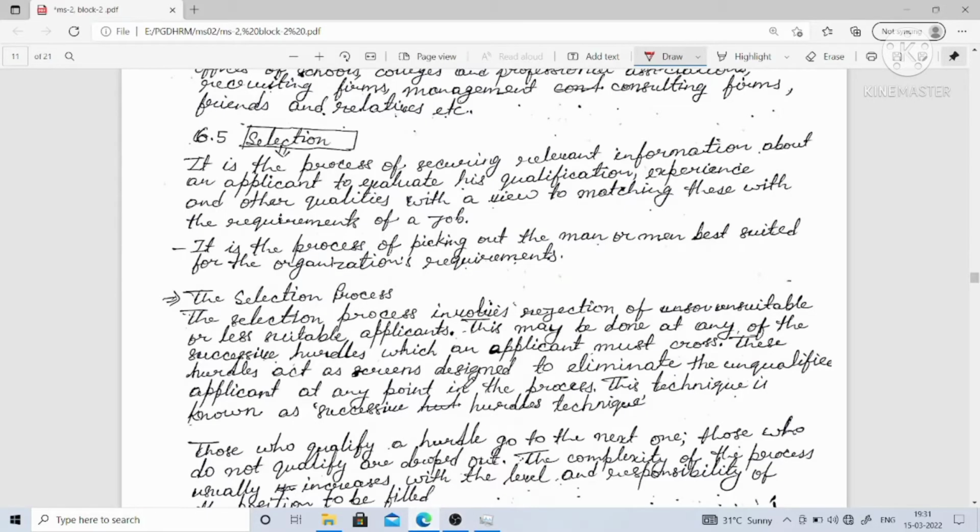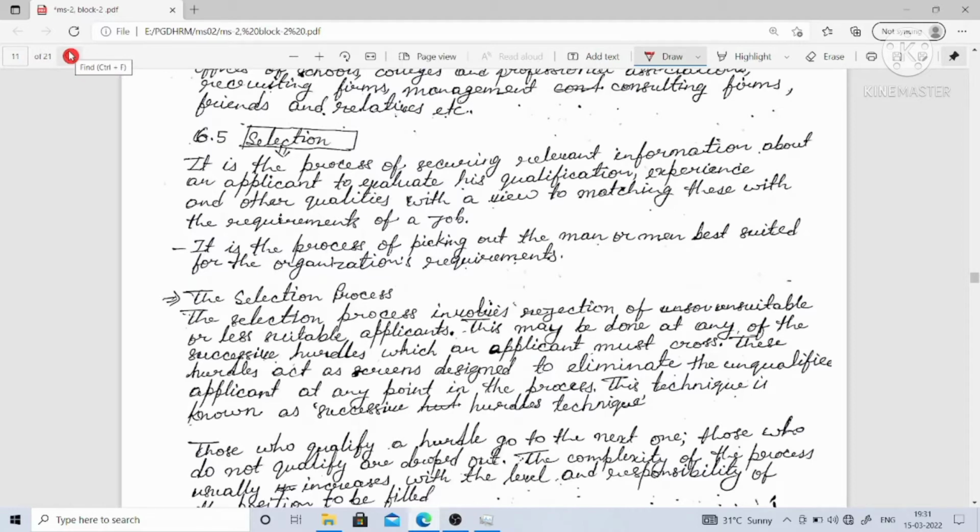Now I was explaining about the selection. You see here on the screen, it is the process of securing relevant information about an applicant to evaluate his qualification.